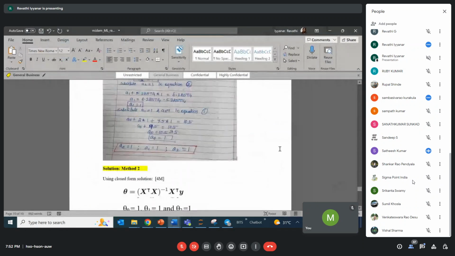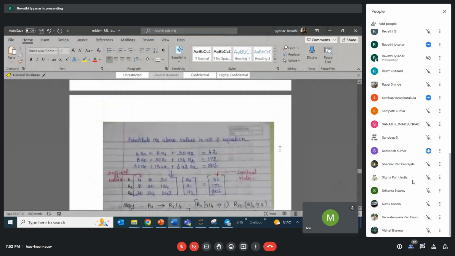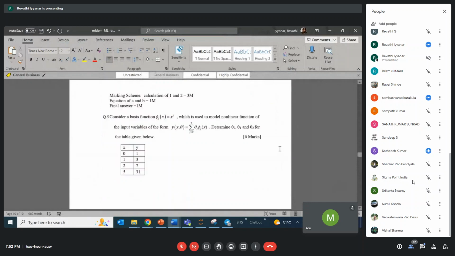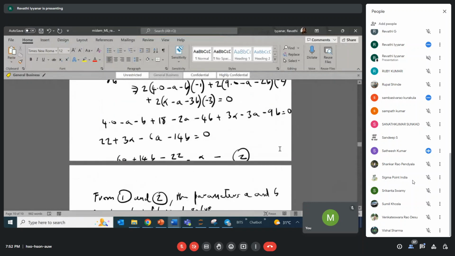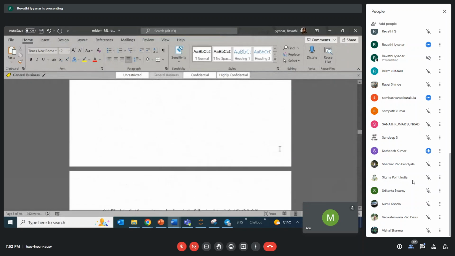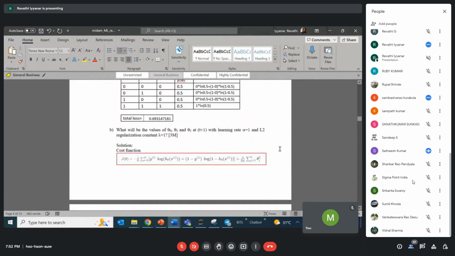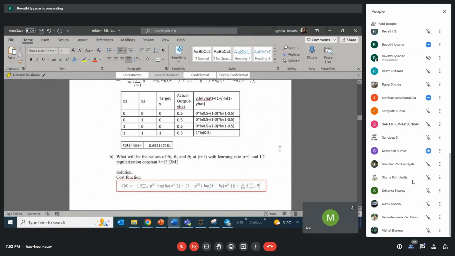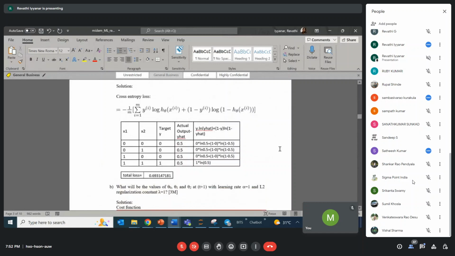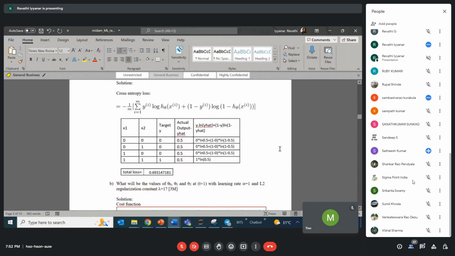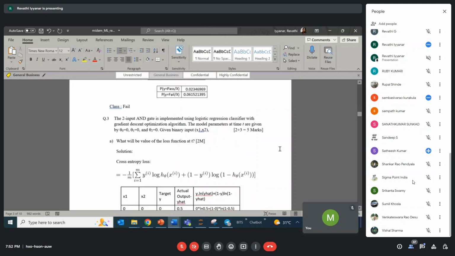What I understood is that the loss function is the cost at every iteration level, and the cost function is the consolidated loss. Both are the same, but if you consolidate all these loss functions, that gives you the cost function of the entire model. Yeah, correct, that's the theory part.